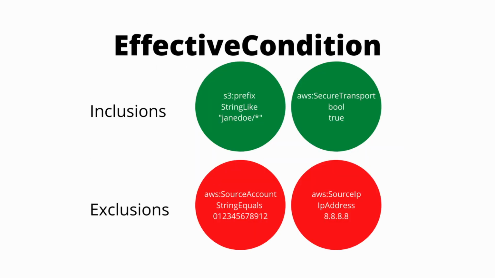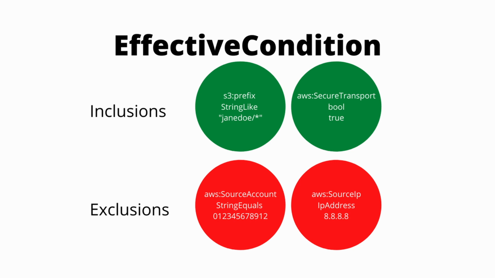And similarly, we may want to exclude specific scenarios. So in the inclusion of an effective condition, we're indicating which conditions must be true, whereas in the exclusions, we're indicating conditions which must not be true.